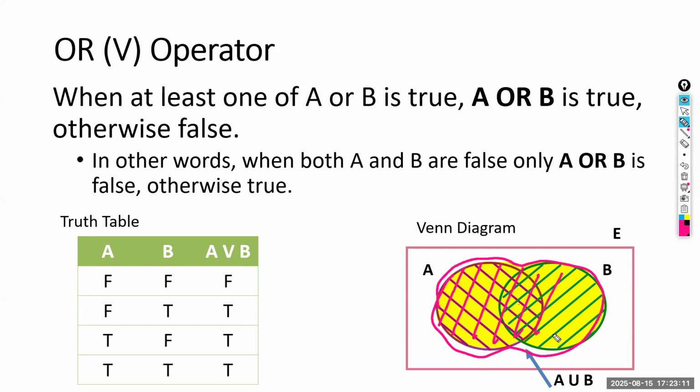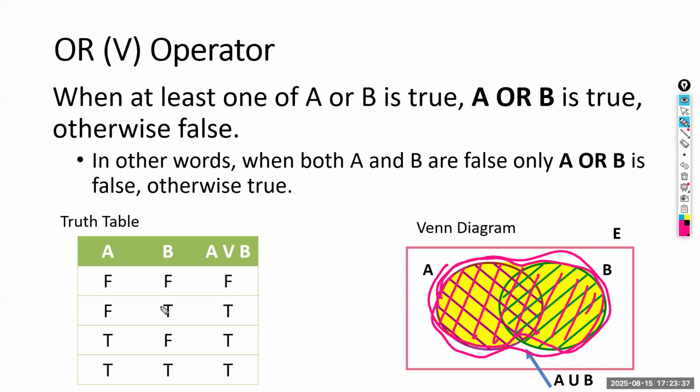A lot of people explain this as belong to A and B. That means they have no idea about sets. They are just parrots. Maybe they have passed O level also. So this is belong to A or belong to B.